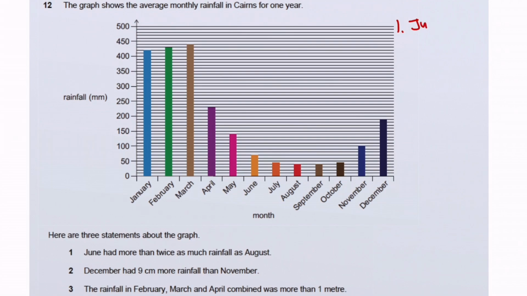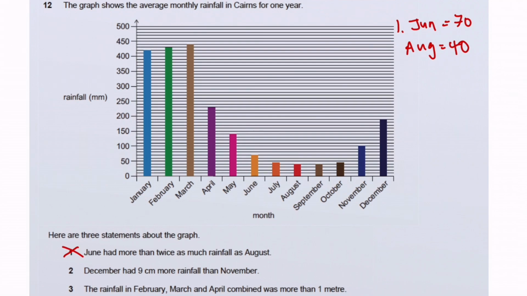So June is 70. And for August, when we line it up, we see that it had 40 millimeters. And we know that 2 times 40 is 80. But June had 70, which is less than twice. So therefore, we can conclude that statement 1 is incorrect.